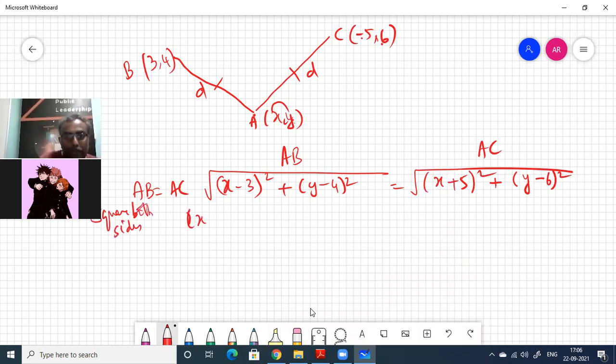(x minus 3) the whole squared plus (y minus 4) the whole squared equals (x plus 5) the whole squared plus (y minus 6) the whole squared.